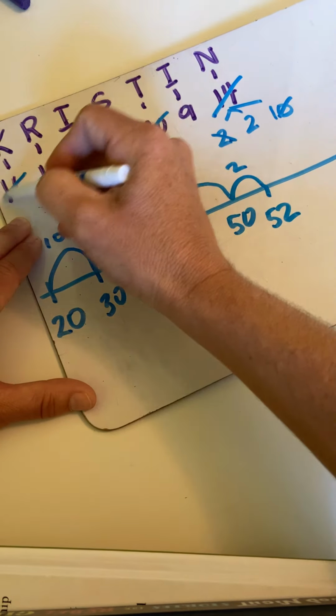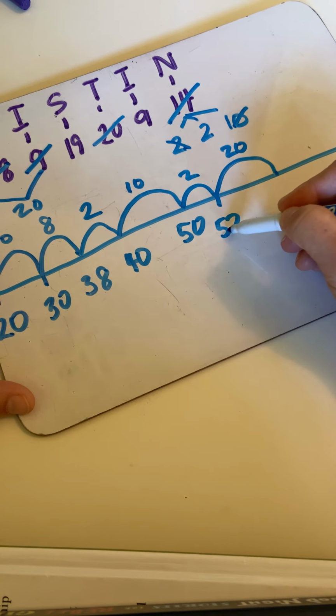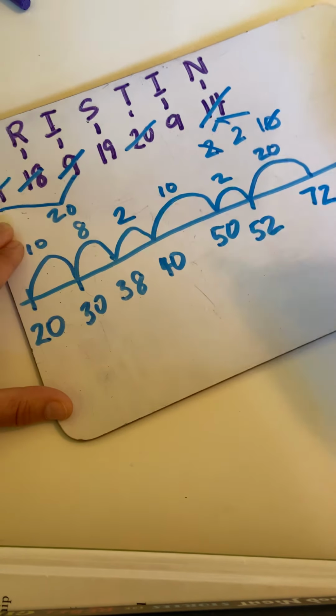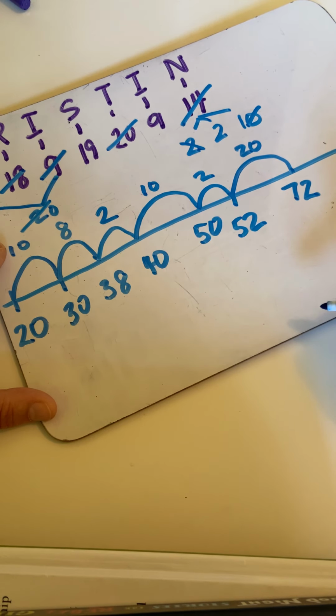I'm going to add 11 and 9 together to get 20. So I'm going to take a big jump of 20. I know that if I'm at 52, I can just count up 10 to 62 and then 72. So I'm on 72. And then, ooh, this is interesting.